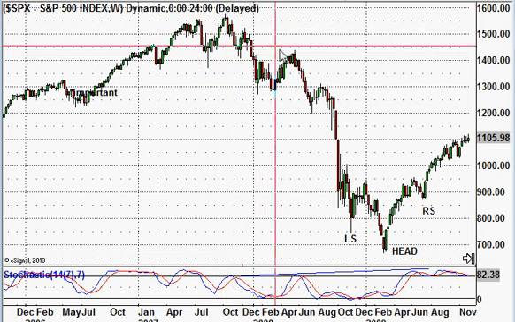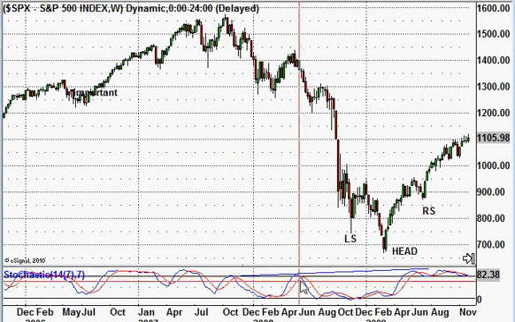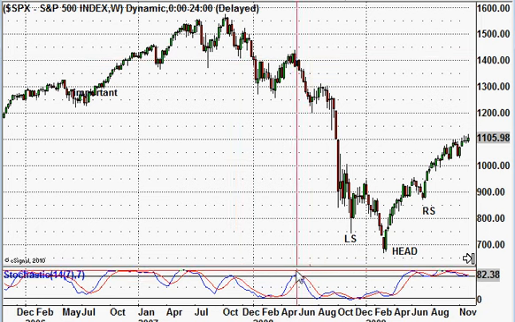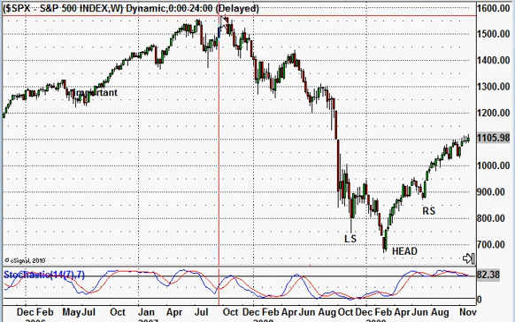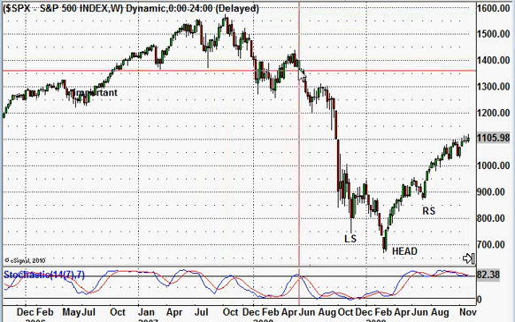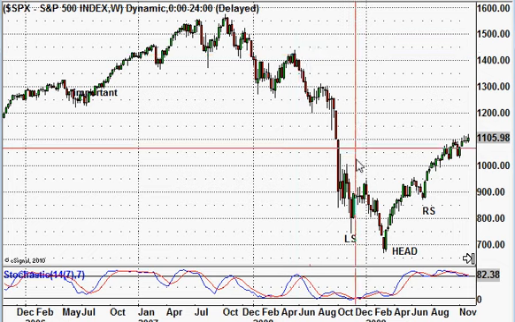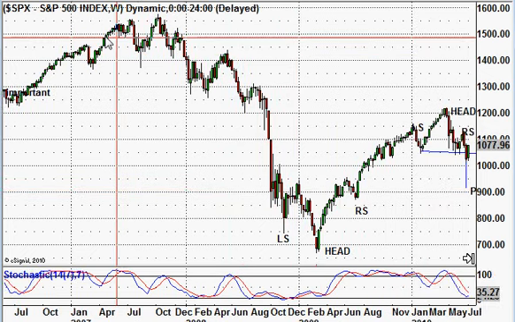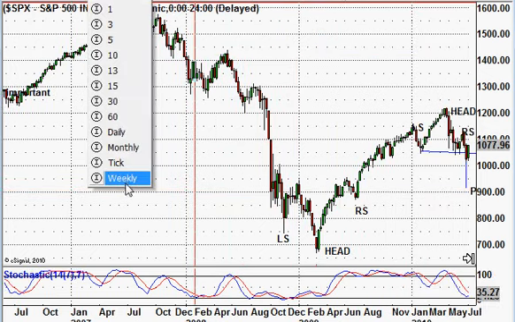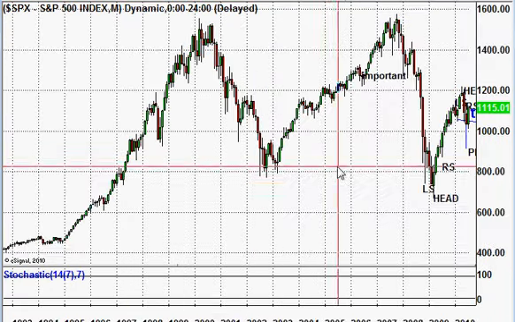So you have the divergence in the price and the stochastic. See, stochastic at the same level, and the stock, in this case the index, much lower, so the stock goes down. But what worries me is the monthly chart.